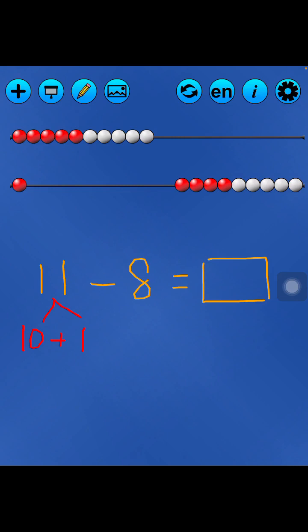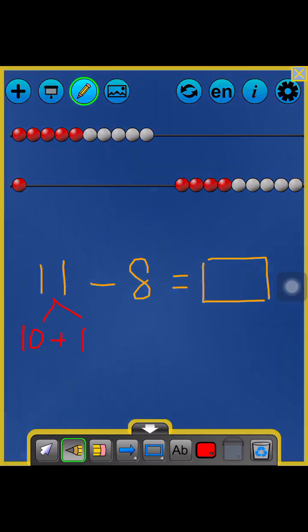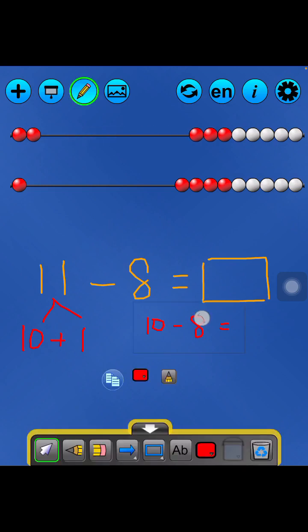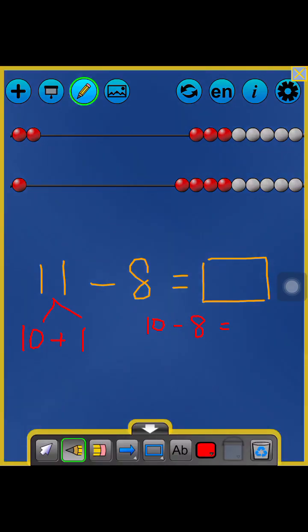Which row should we choose? Yes, the first row. We take away 8 bits from the first row. There are 10 bits in the first row, and we take away 8, that means minus 8, equals how many? Let's try. 2, 4, 6, 8. Now, if we take away 8 bits, there are 2 bits left on the left hand side.